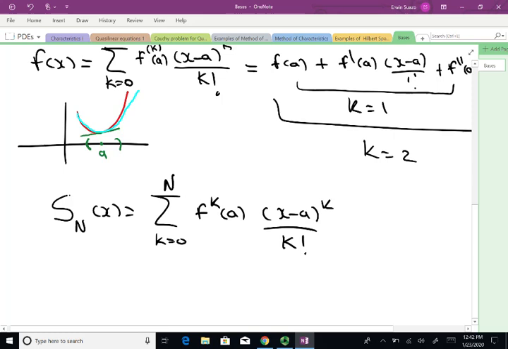This is a sequence of functions, and each of them is an approximation to the function. This will be S1, then S2, and when you add more terms, it's improving. The sequence is converging to the function that I want.